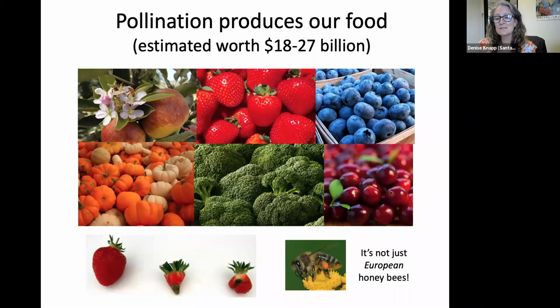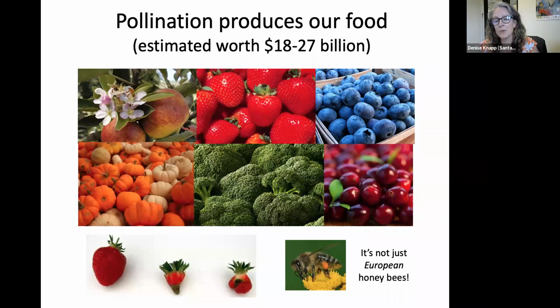Also, just from a purely practical standpoint, pollination produces our food, estimated to be worth $18 to $27 billion to us. Just a couple examples: apples, for instance, have to be cross-pollinated. And here's another example, the next image is strawberries, which you can see on the bottom. The nice full plump strawberry on the left has been cross-pollinated. The others have been either self-pollinated or self plus wind pollinated.